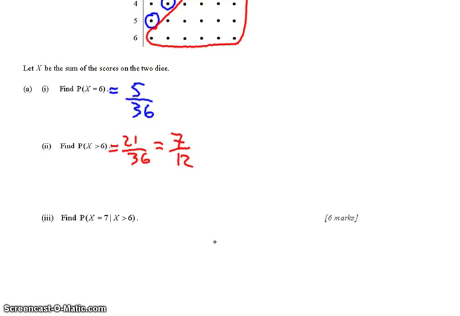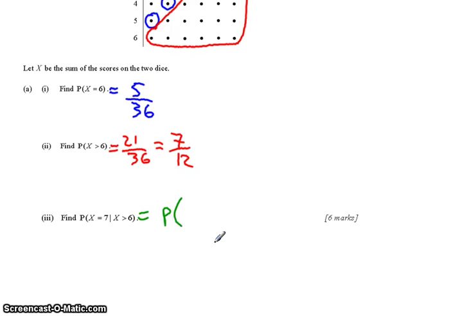Now, find the probability of x equals 7 given x is greater than 6. Now, this is a conditional probability question, so straight away go through the formula.